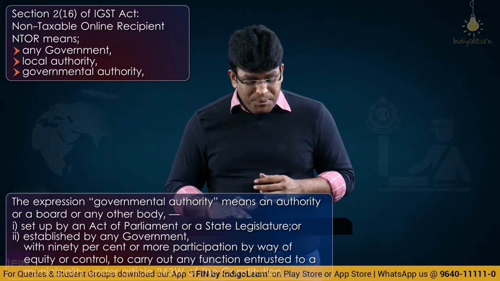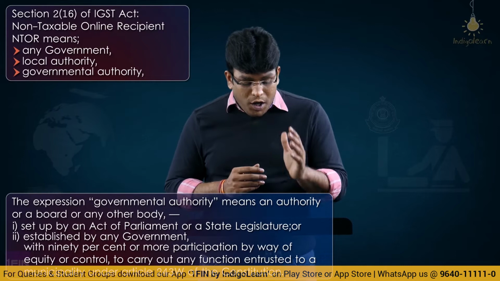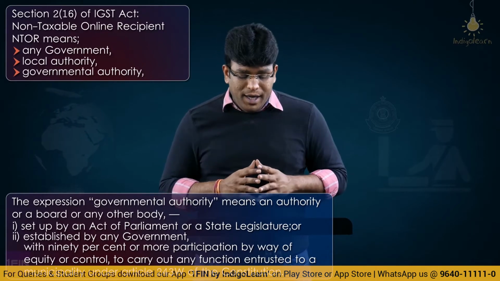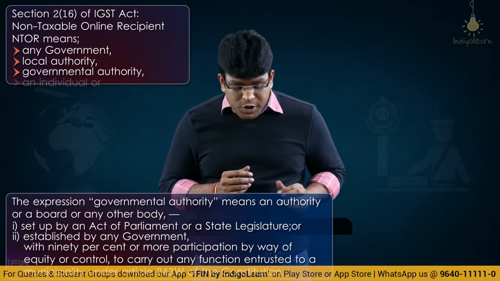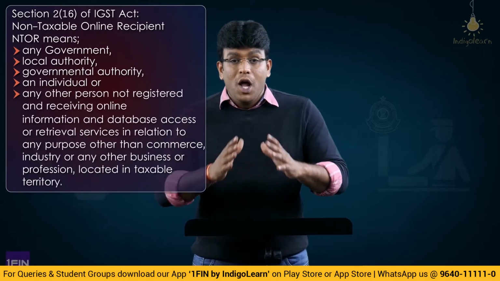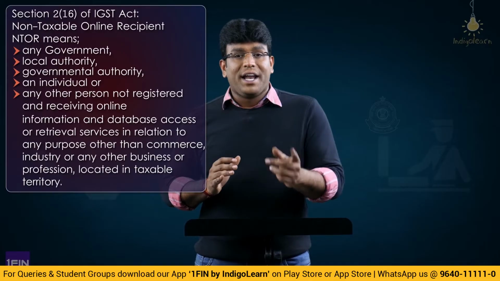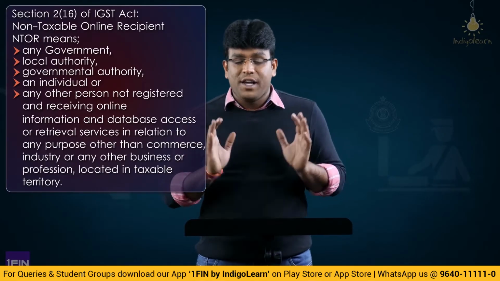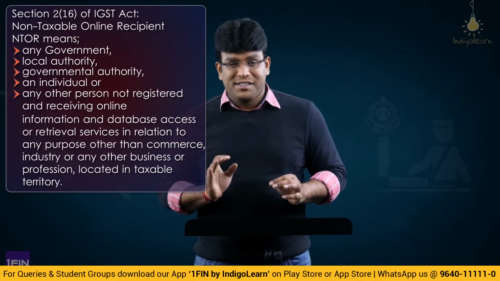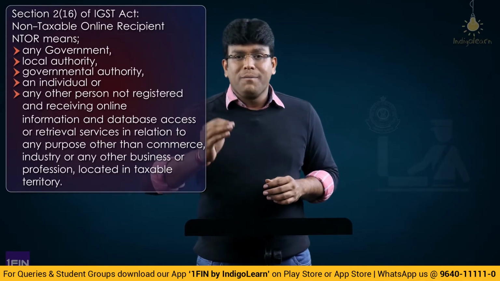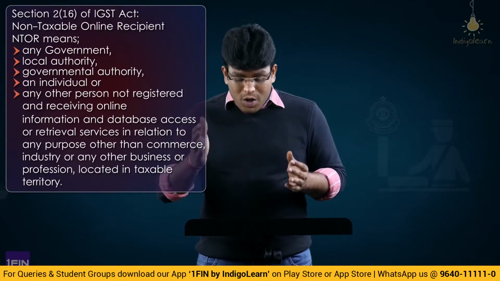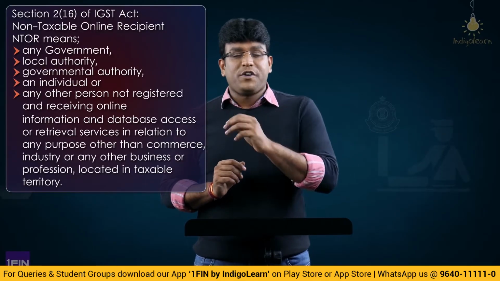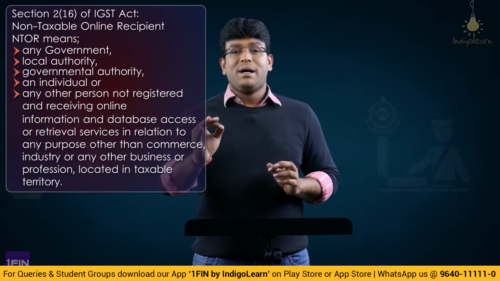Come on, see now. So going back to the definition, non-taxable online recipient means any government, local authority, governmental authority, an individual or any other person not registered, that means an unregistered person or any other person not registered and receiving OIDAR services in relation to any purpose other than commerce, industry or any other business or profession located in taxable territory.